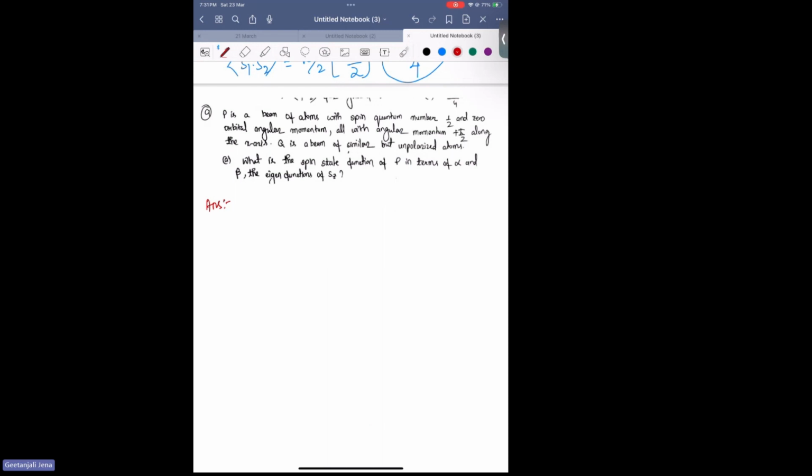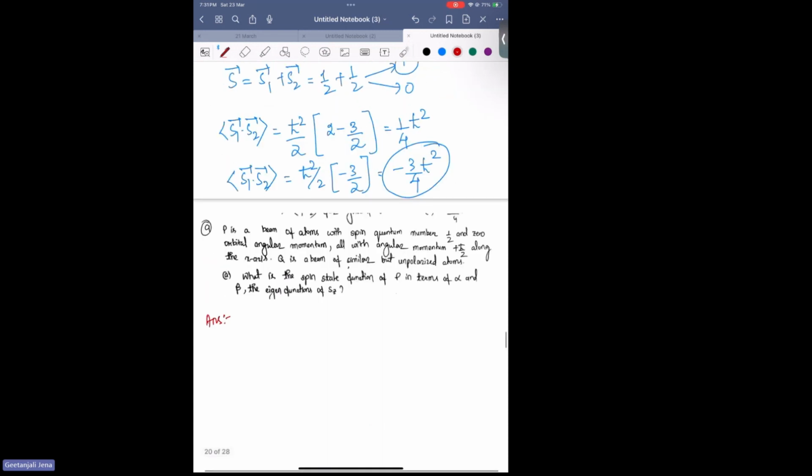It is possible to get s equal to 1. When both the electrons are in spin up and spin up state, then you will get plus h cut by 2 and plus h cut by 2.